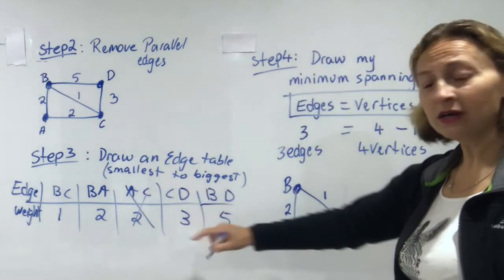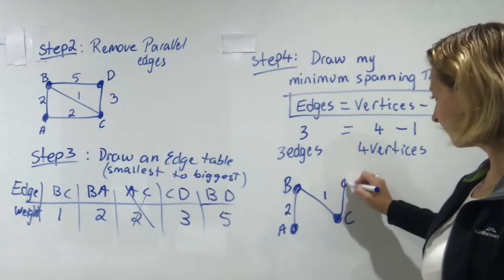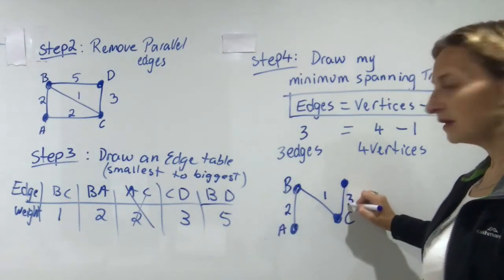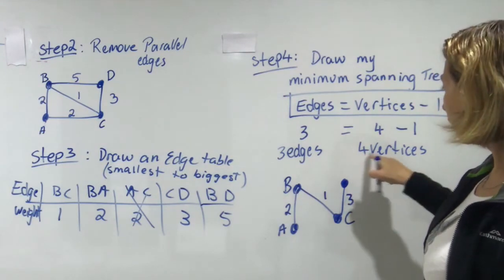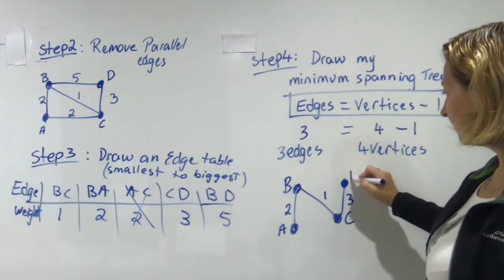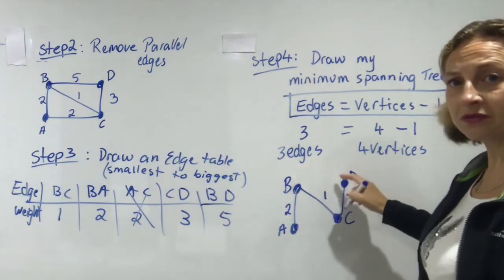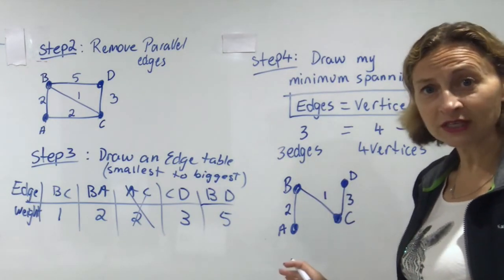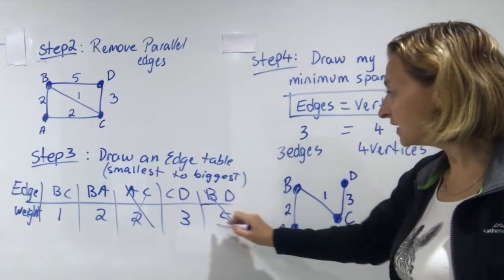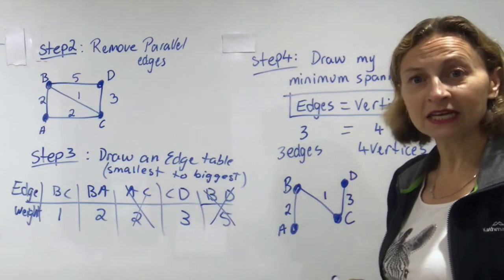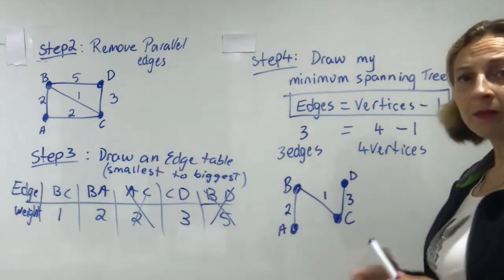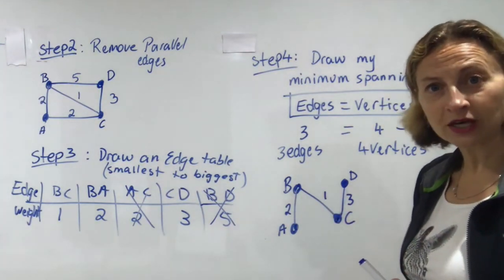I continue on CD, which is 3. Don't forget, 4 vertices, 3 edges. 1, 2, 3. I've already done 3 edges, therefore I do not need to continue on to BD. And this will be my minimum spanning tree.